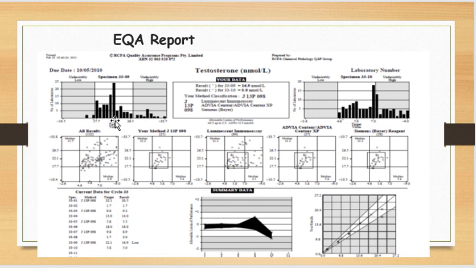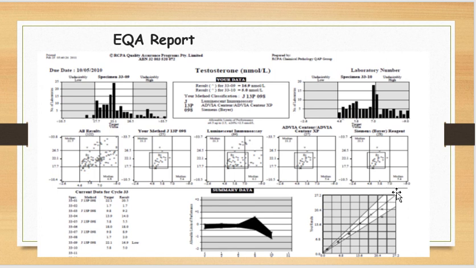This is level 1 and then level 2, and it will compare you with the whole participant group, and then with the same method, meaning the same company that supplies the reagent, same machine, same calibrator, with the same test principle, same analyzer participants, and same reagent supplier participants.